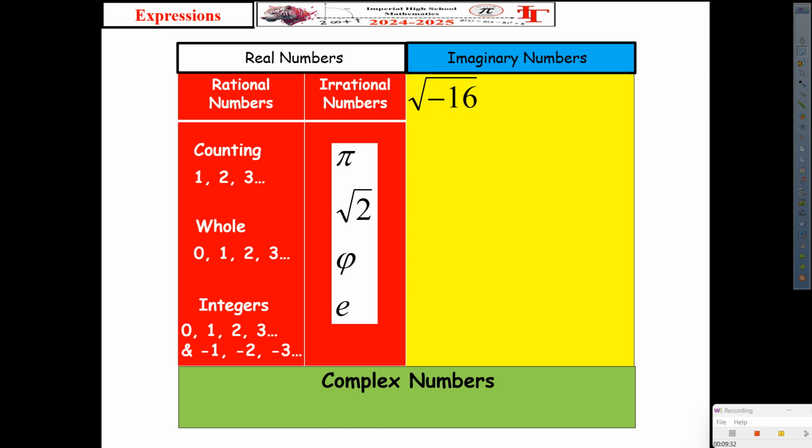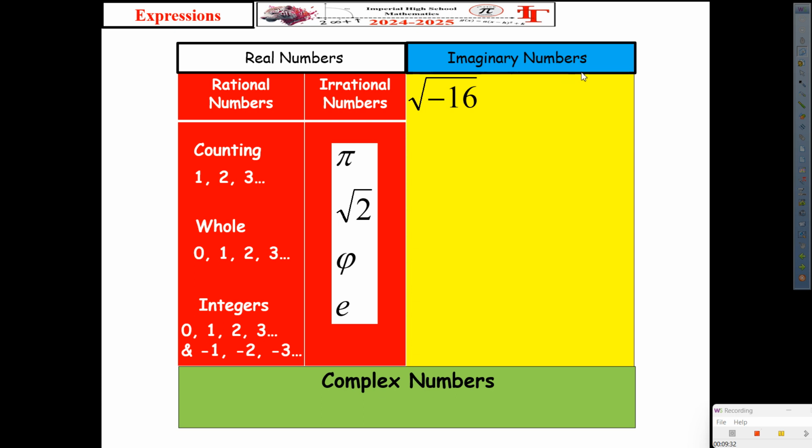Rationals can be written as fractions or decimals, that is correct. That means the irrationals cannot be.